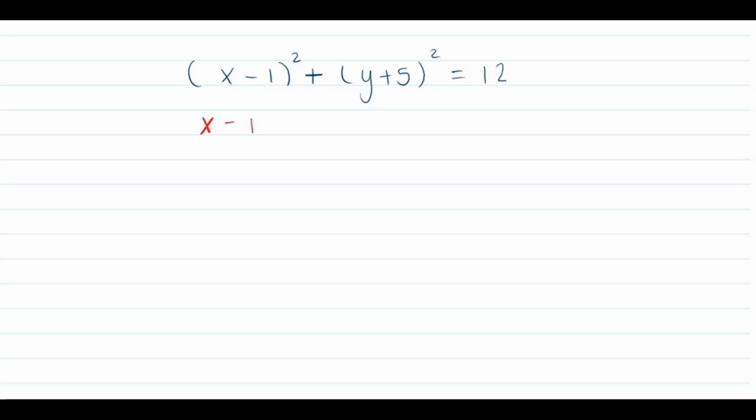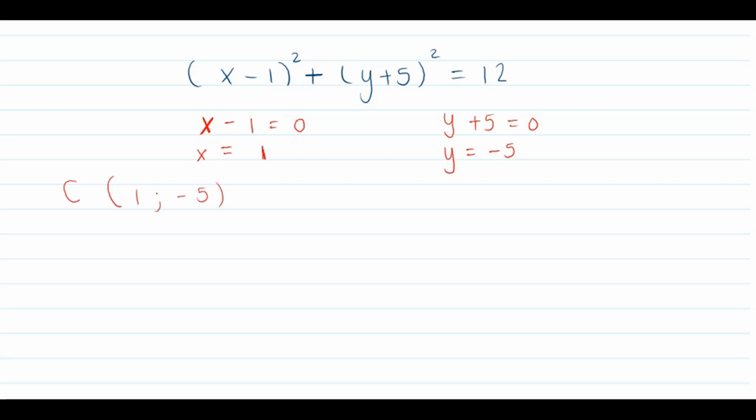And then what would our radius be? Because we can already see that this is in the form x minus a all squared plus y minus b all squared, which is equal to r squared. Our r squared is going to be equal to 12, right?